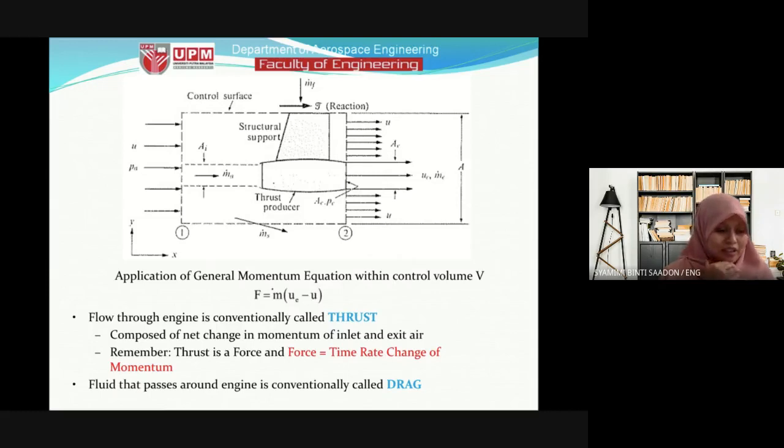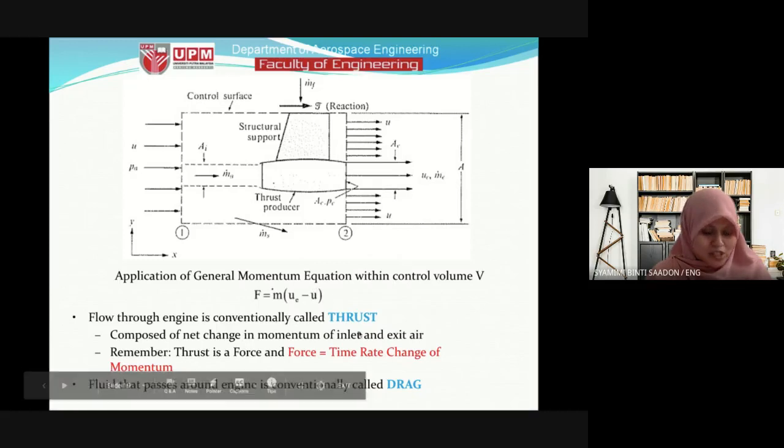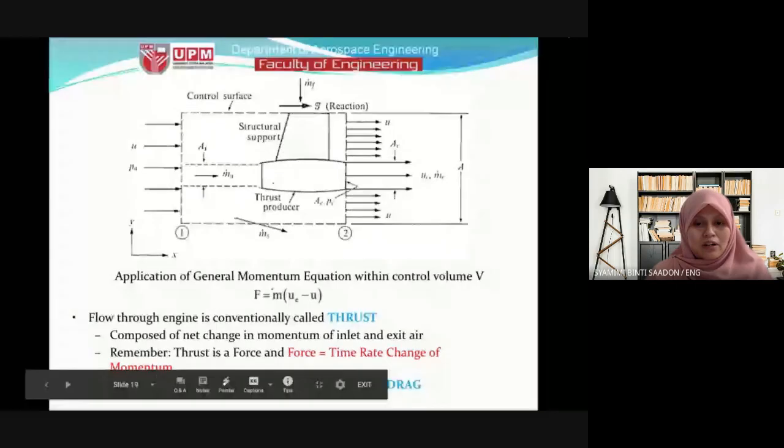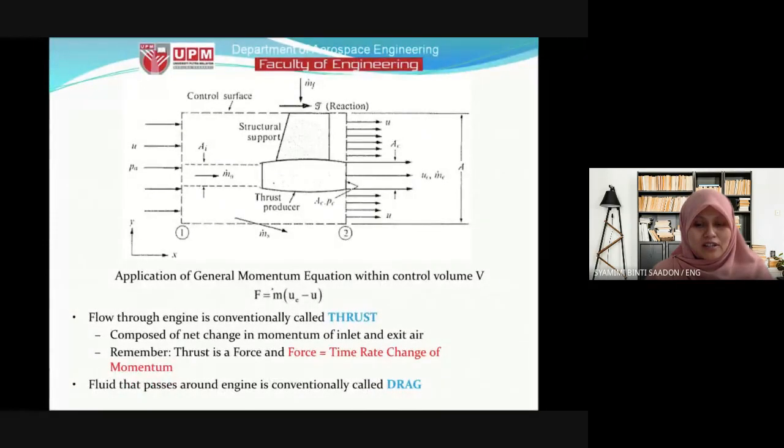So how do we write the conservation of mass, inlet and outlet? Then we also apply the continuity equation for the control volume, and we derive the momentum equation, which is the thrust force. At last we achieve the thrust equation.